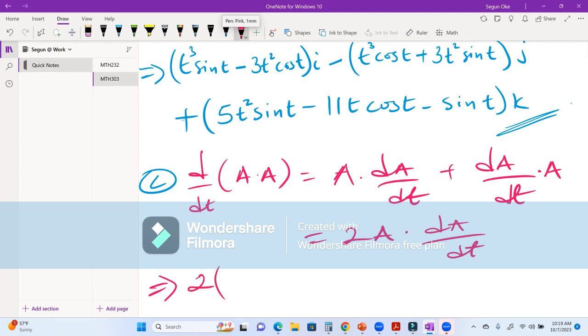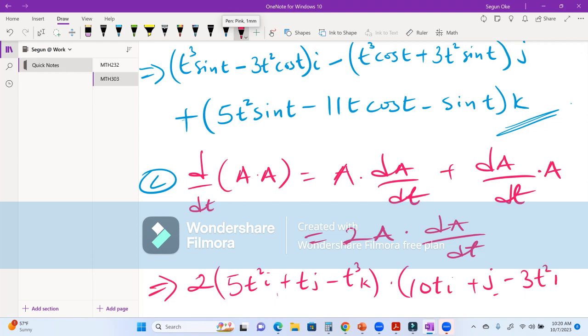What is A? A is 5t squared i plus tj minus tk, dot. What is dA dt? 10t i minus j or plus j minus 3t squared k.